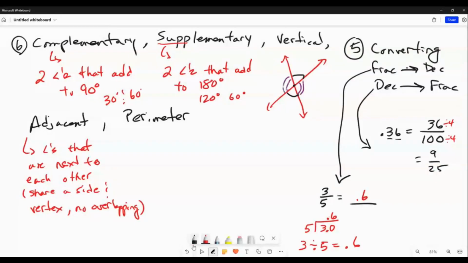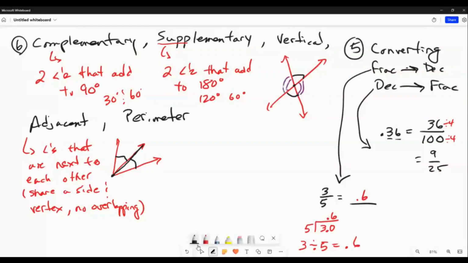So what that means is if I have an angle and then I put an angle next to it, this angle and this angle are adjacent. They share a common vertex and they share a common side.